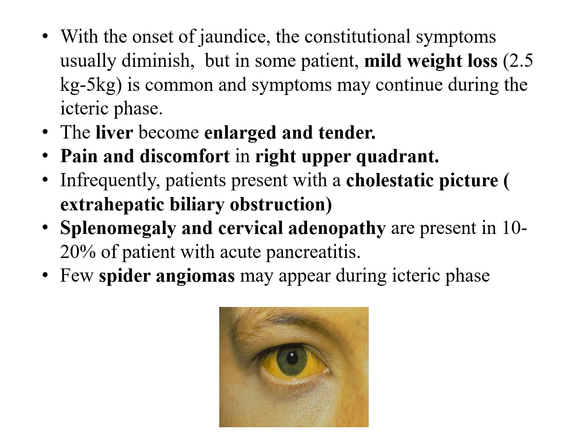Infrequently, patients present with a cholestatic picture. Extrahepatic biliary obstruction, splenomegaly, and cervical adenopathy are present in 10 to 20% of the patients. A few spider angiomas may appear during the icteric phase.